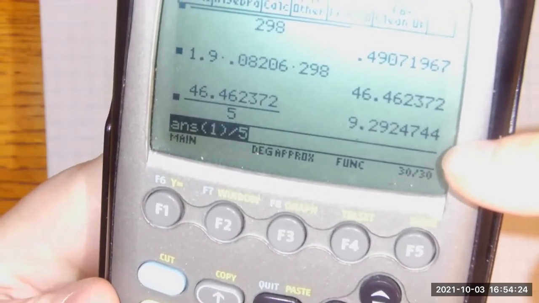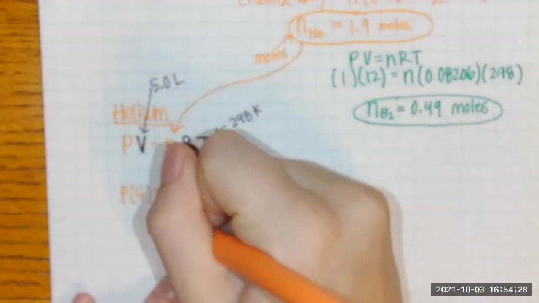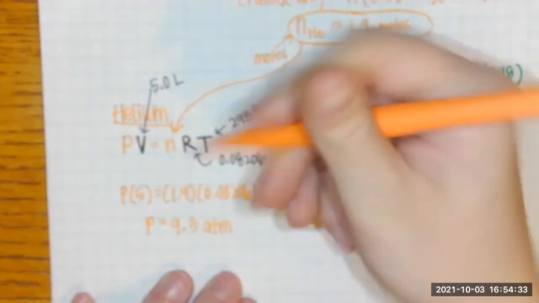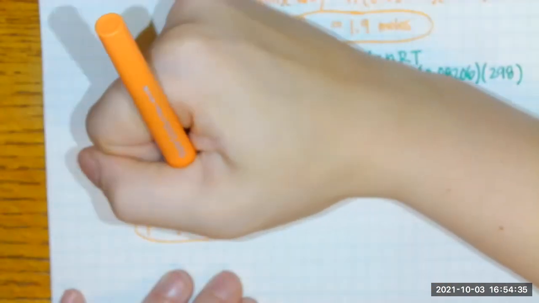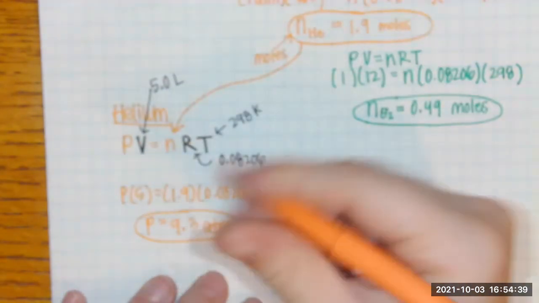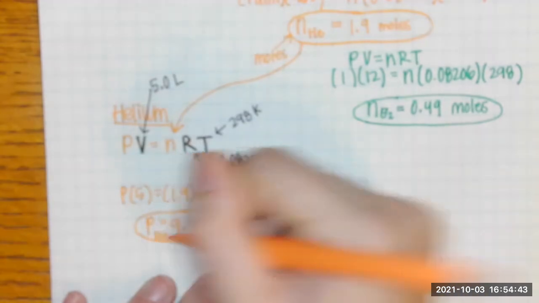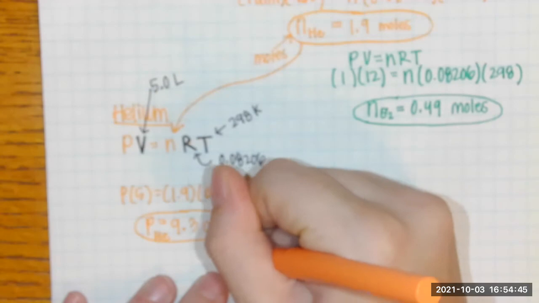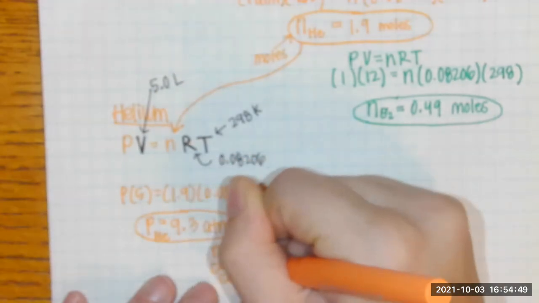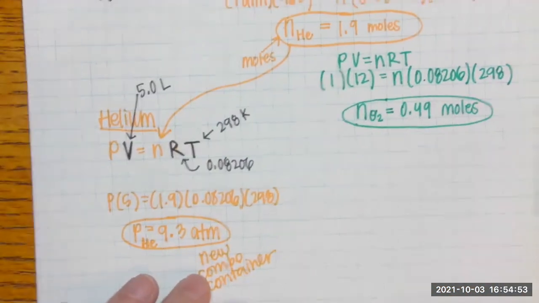I'm going to round that to 9.3. The helium inside this new container is exerting 9.3 atmospheres. This is how much pressure, I'm going to put He, the helium is exerting in the new combo container. Wow, that's blurry. My apologies.